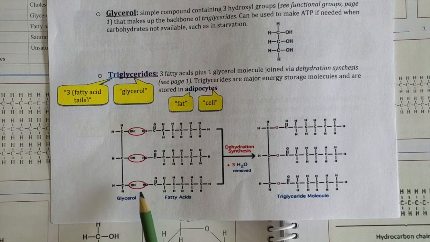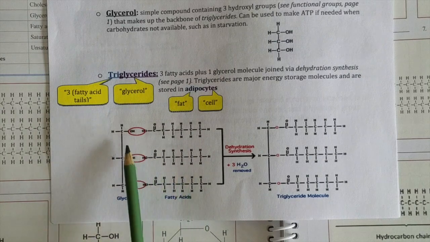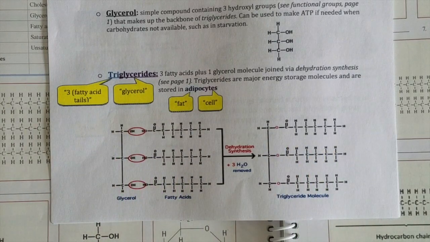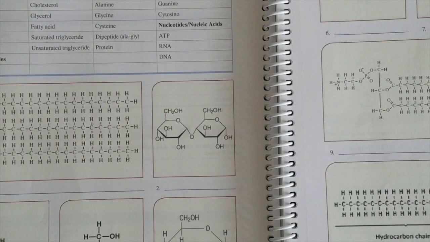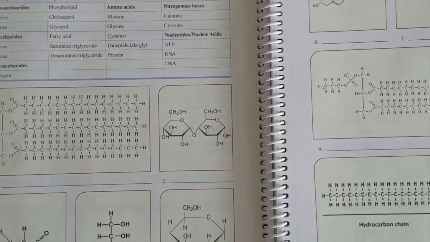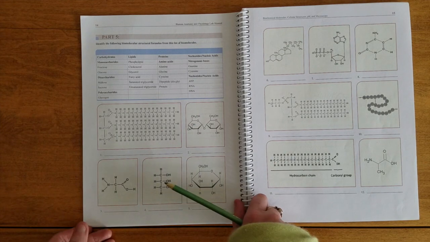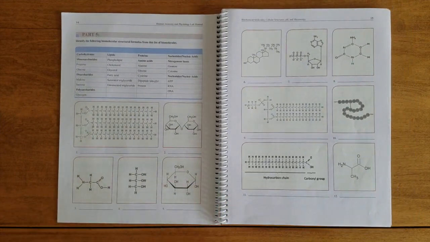So 1, 2, 3 water molecules total will be removed to combine the fatty acid chains and the glycerol into a triglyceride. So triglycerides are some of the main energy storing molecules in the body. So if we need some energy, we can start to break down our triglycerides as well.